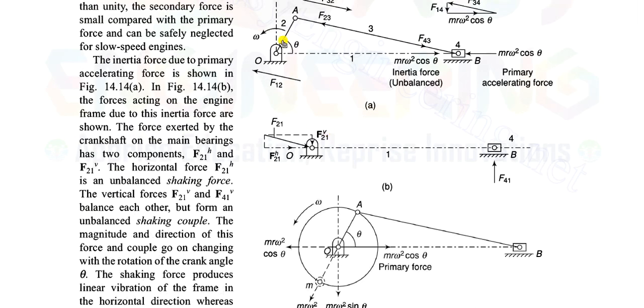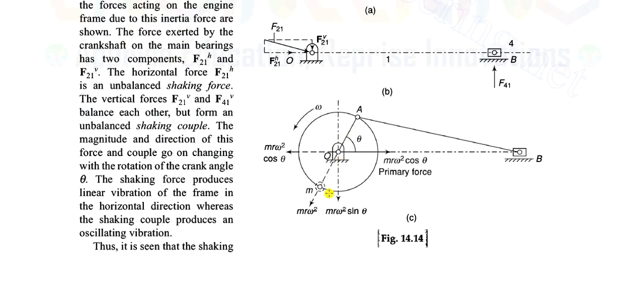What they thought is, if I add some mass at some radial distance, opposite to the crank, then it will balance the shaking force. How? Because this M at radial distance r gives M r omega square, which is obviously the balancing force.